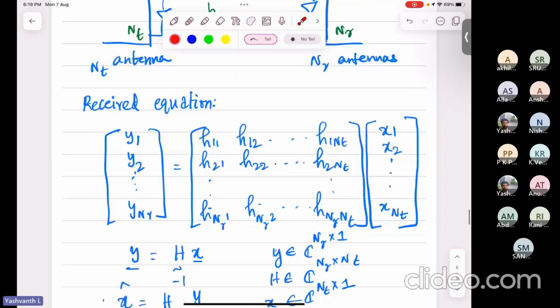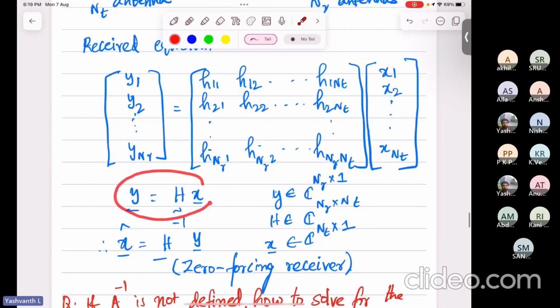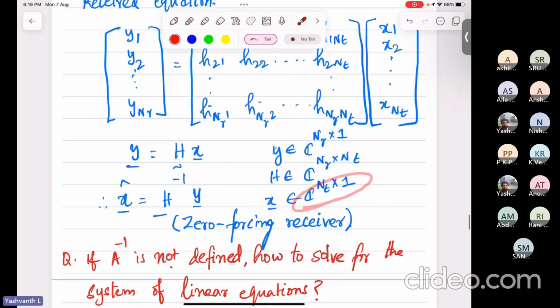So this is y, this is A, and this is x. Here A is called H, because all the entries are denoted in terms of H. So y is an NR cross 1 vector, H is an NR cross NT matrix, and x is an NT cross 1 vector.